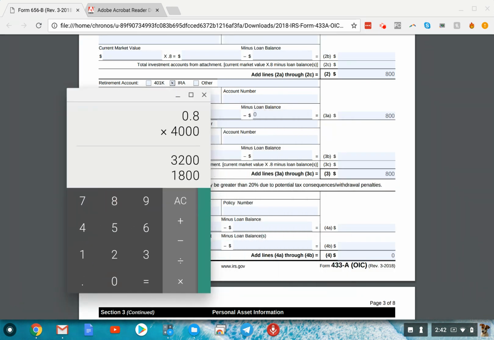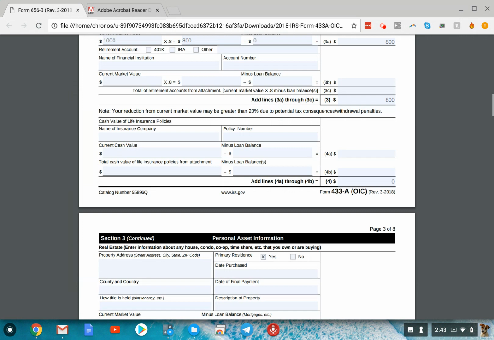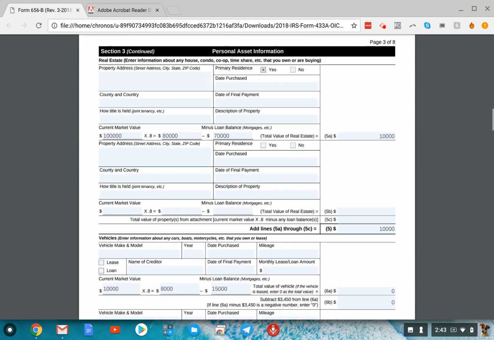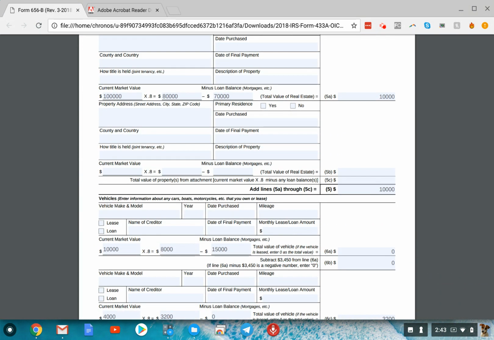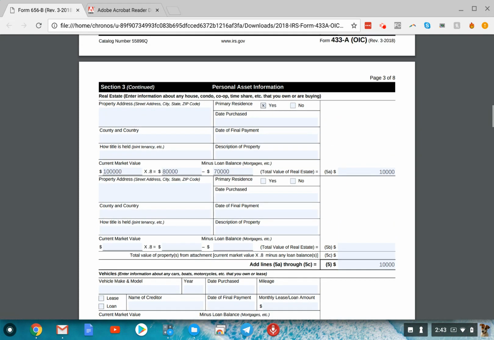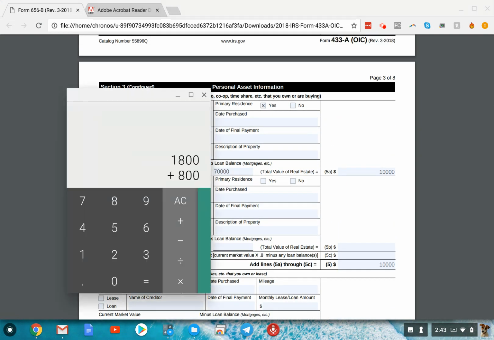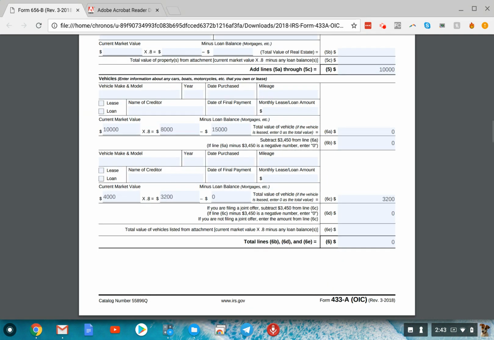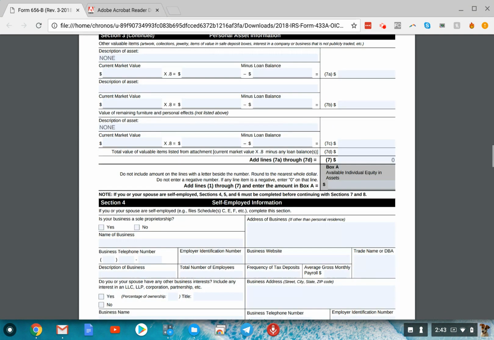So we have 1,800, plus 800, plus 0, plus 10,000, plus 0, 0, 0, 0.